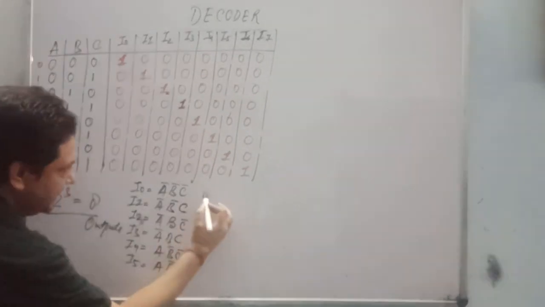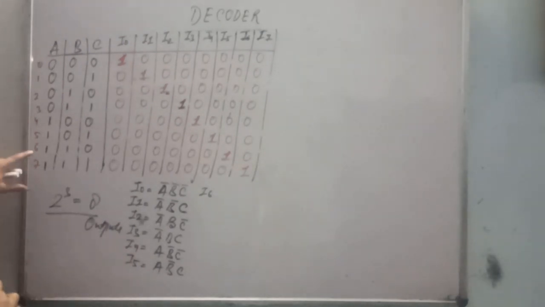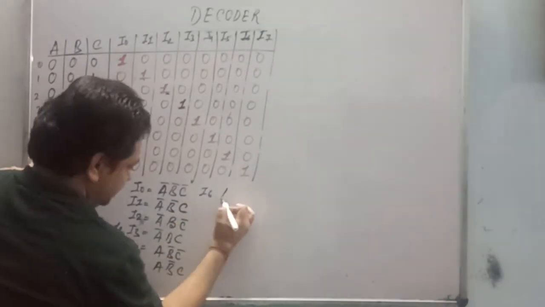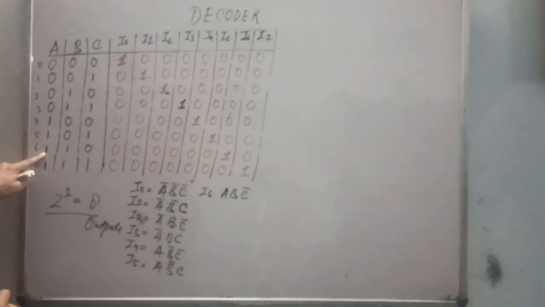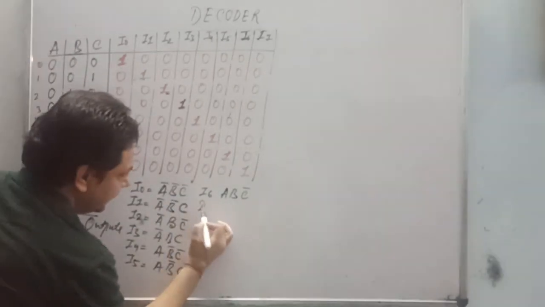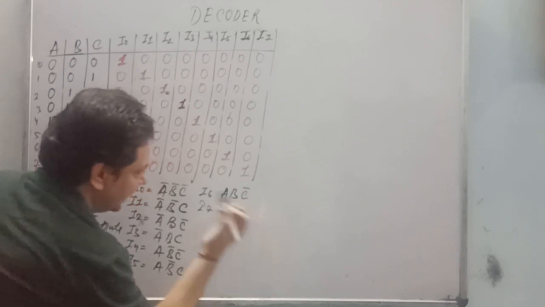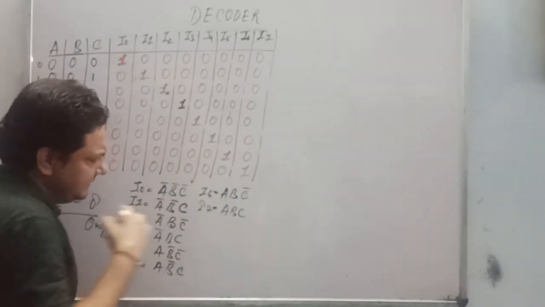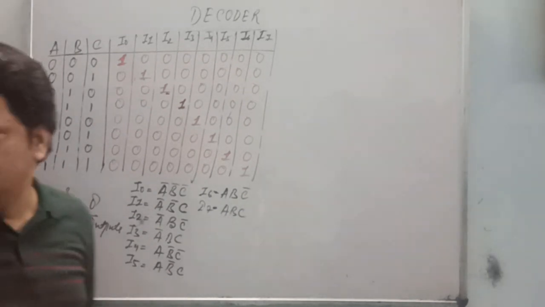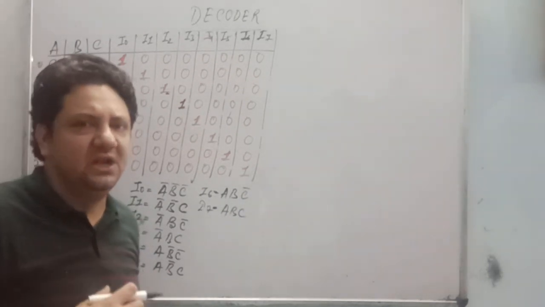What about I6? For I6, 1, 1, 0. So A, B and C complement. For I7, A, B, C. Understand? If we write these minterms, the circuit will be easily designed.